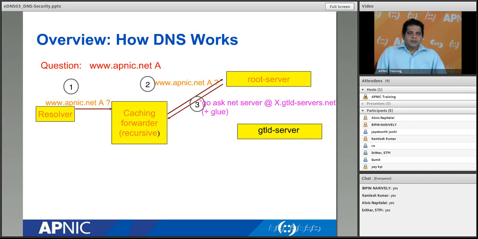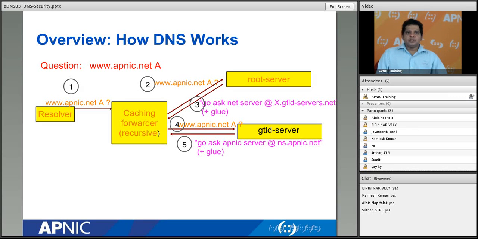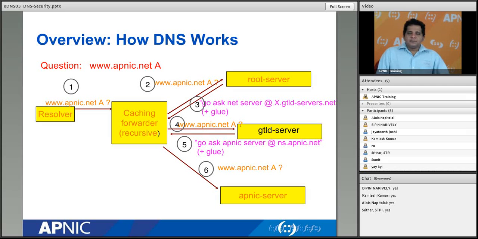The query goes to the GTLD server, and the recursive server asks the same question, the record of www.apnic.net. The GTLD server responds with another reference, which in this example is the APNIC name server.